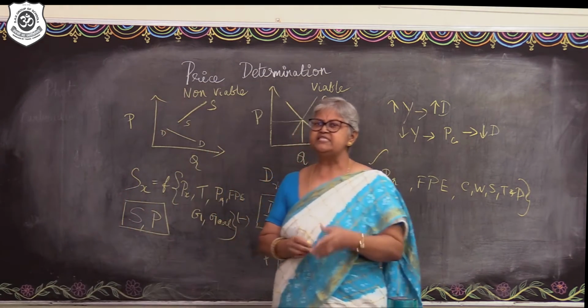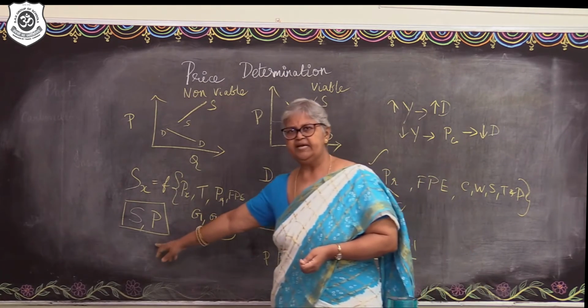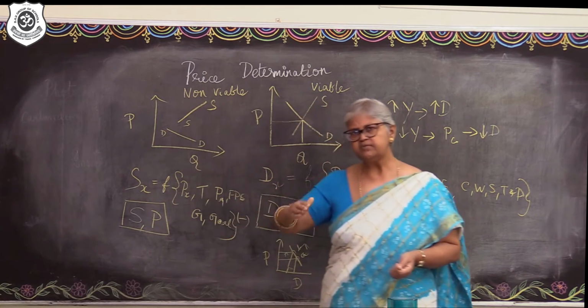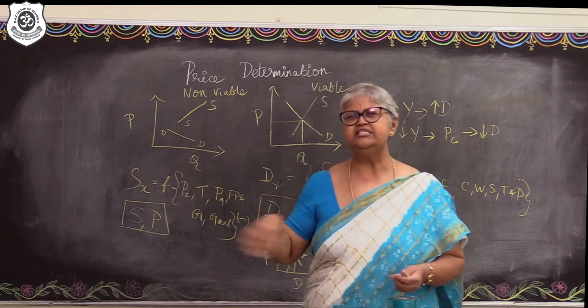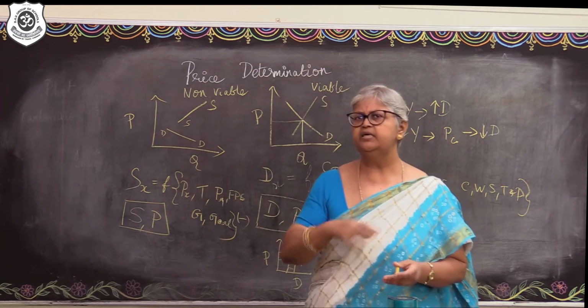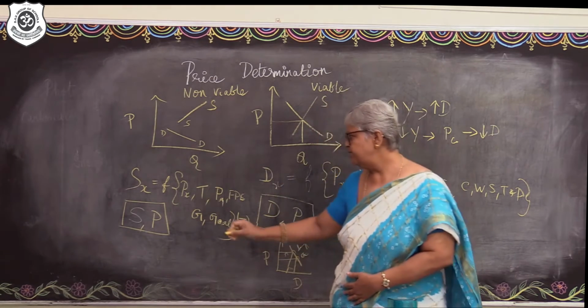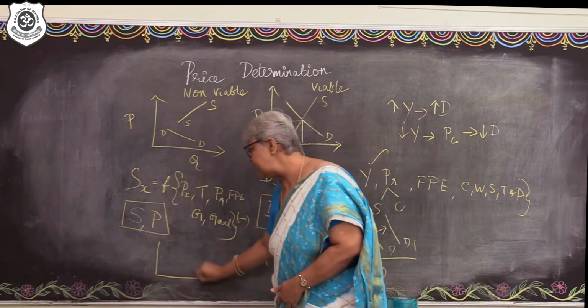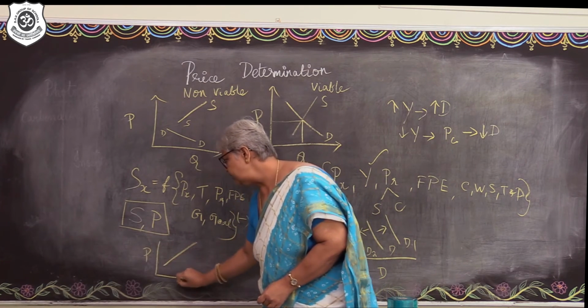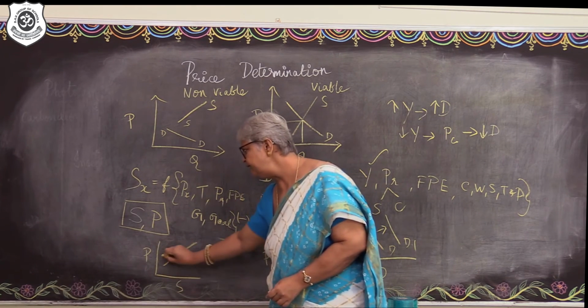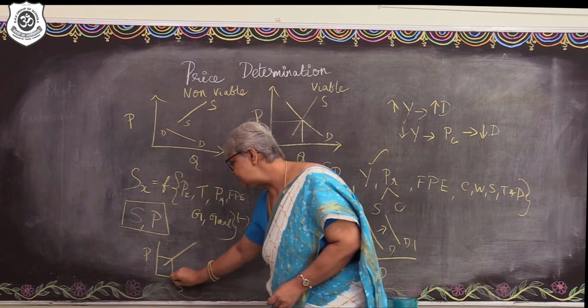Now, if price is going to change the supply, once more, it can be understood as change in the quantity supply. So that can be shown along the same curve. Supply is a positively sloping curve, measuring the price and the supply over here. Let's say the initial price is this much.